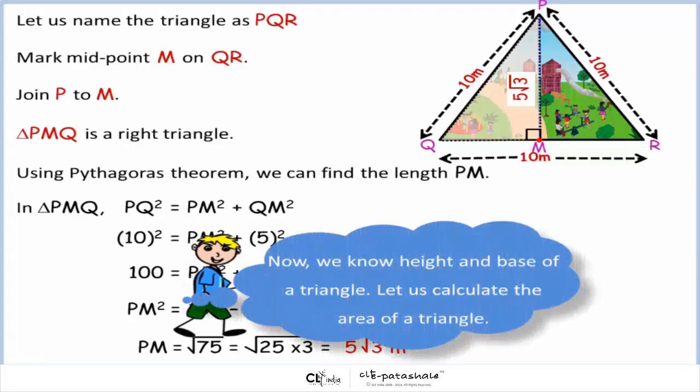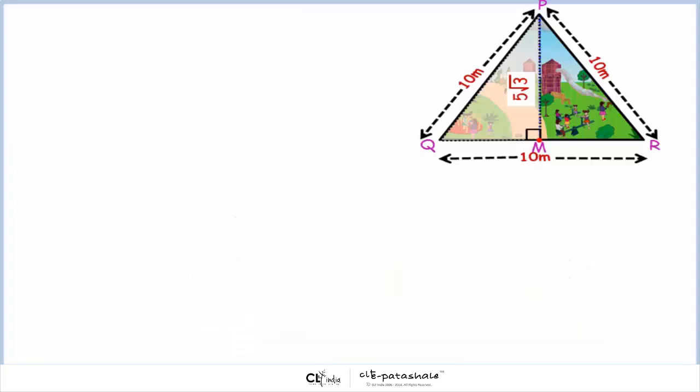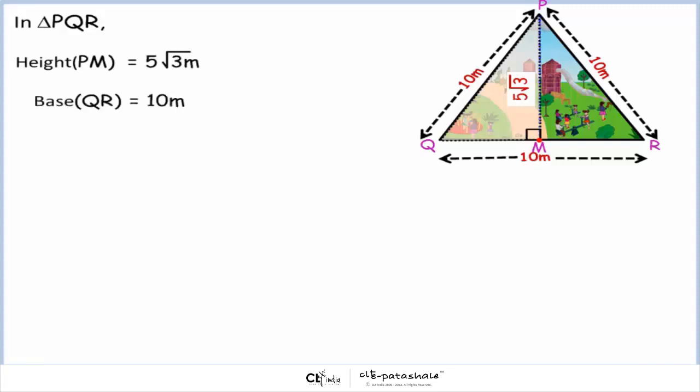Now we know height and base of a triangle. Let us calculate the area of this triangle. In triangle PQR, height PM is equal to 5 multiplied by square root of 3 meters and base QR is equal to 10 meters.